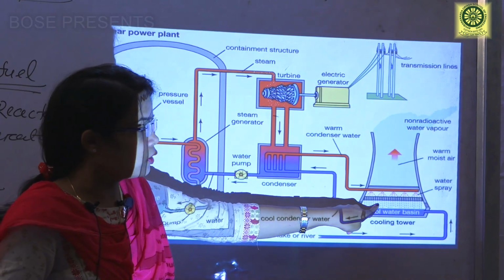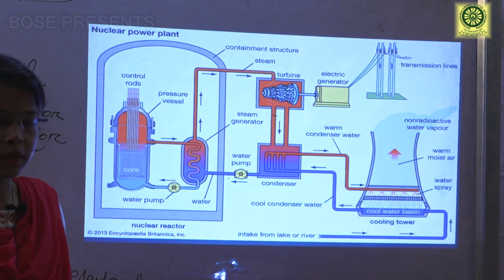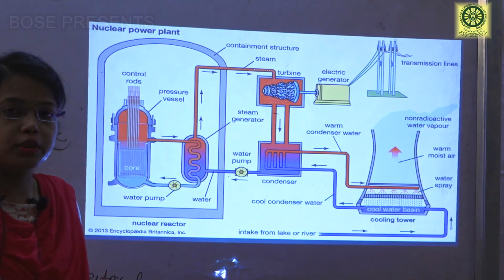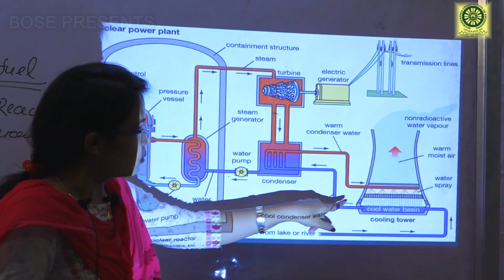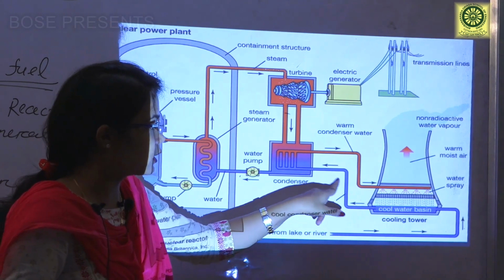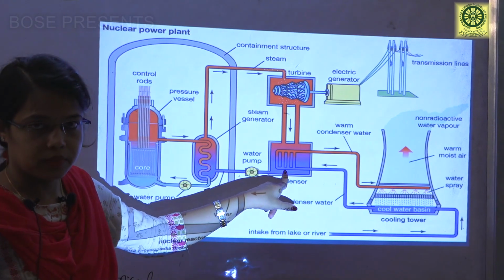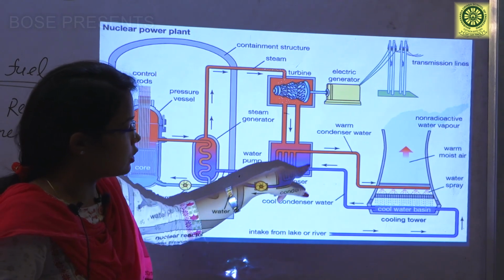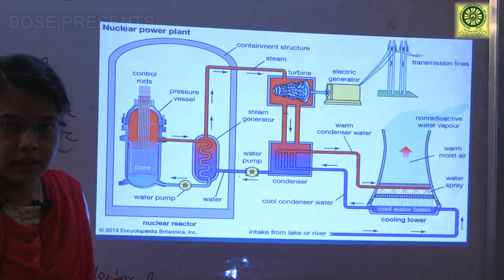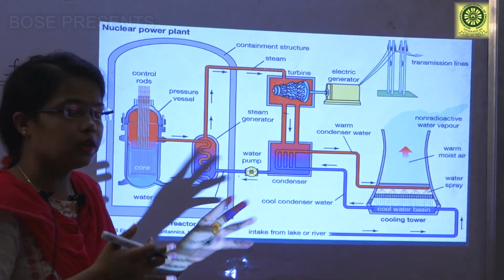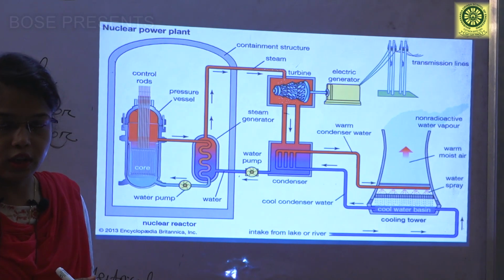So how will you provide the cooling medium? Yes, for that another cooling tower is there. From the cooling tower, cold water comes to the condenser, and in this condenser the steam rejects its heat to the cold water. That means in the condenser one type of heat exchange process occurs.